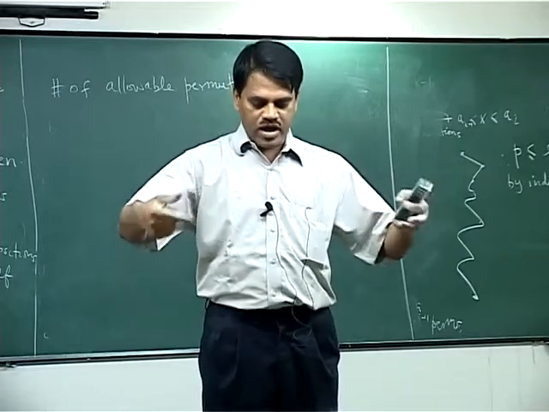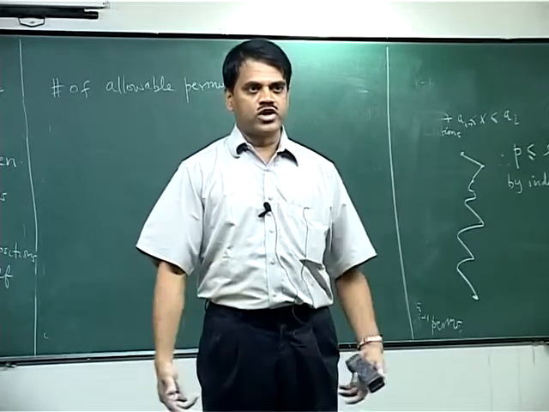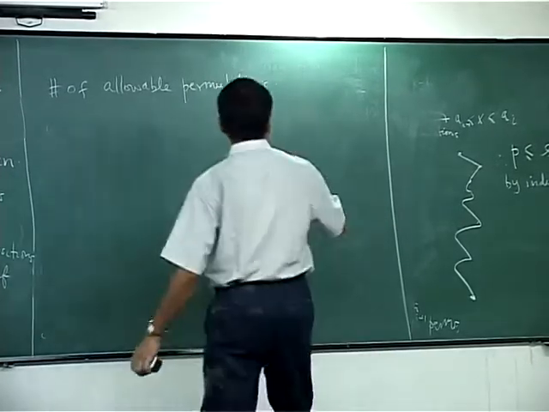So you start with a sorted array, and n by 4 factorial permutations is what you can get by doing these operations.